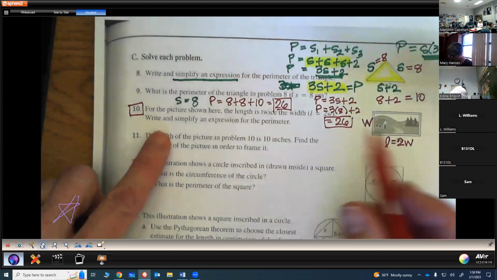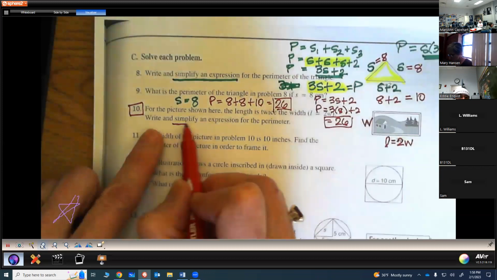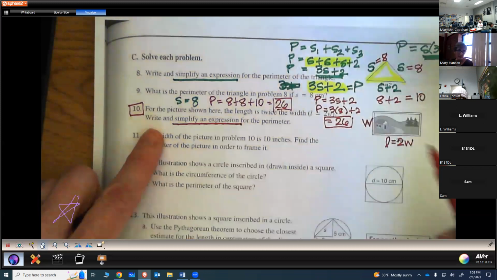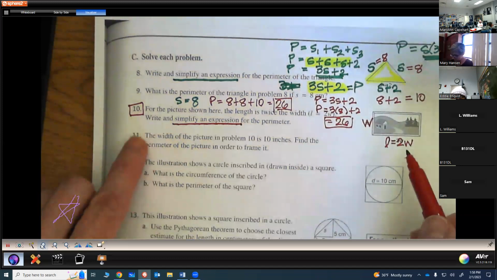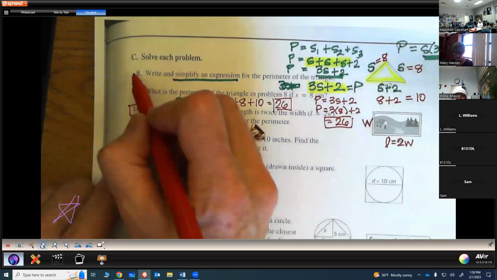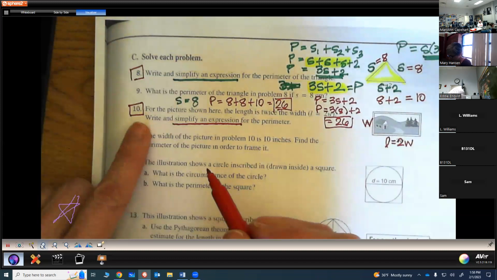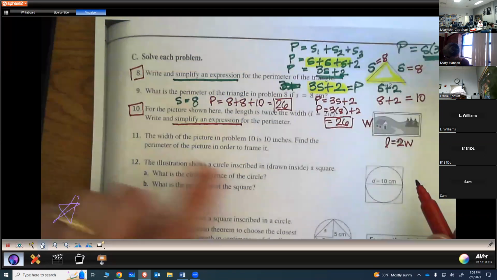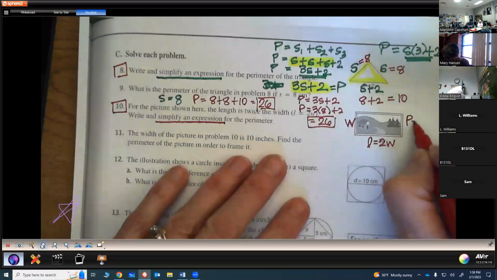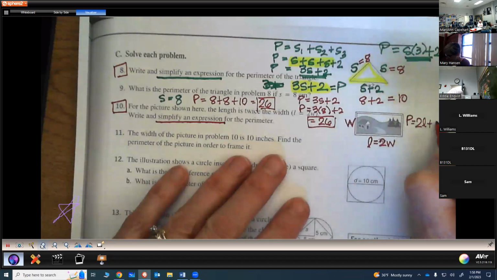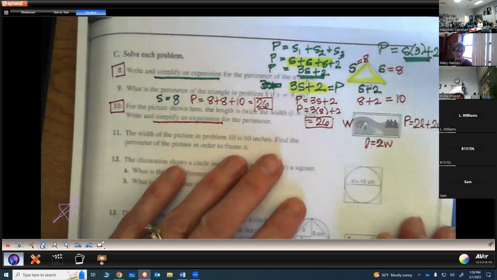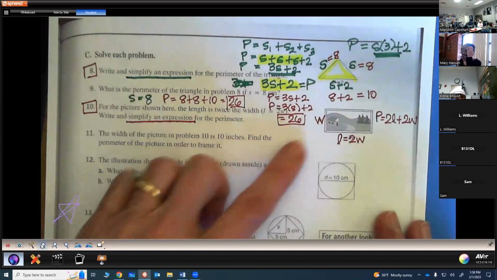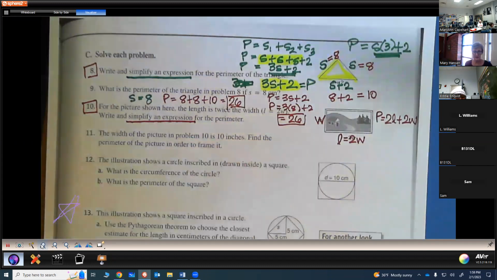And so they're wanting you to write and simplify an expression for the perimeter. So number 10 is just like number 8, except it's a different formula because you're starting with a rectangle this time. So I'm going to give you a minute to see what you can do with this one.